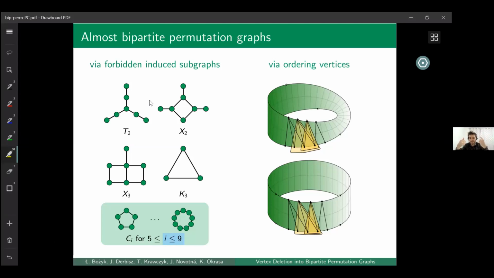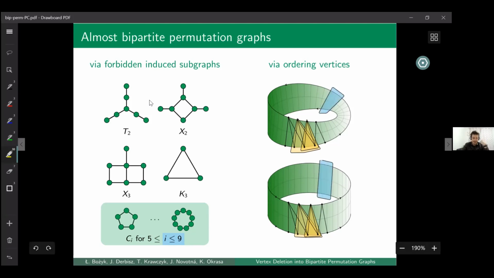So it's a graph embeddable in a Möbius strip when you have this cyclic order going along the boundary. So in other words, our almost bipartite permutation graphs turn out to be bipartite permutation graphs after you cut this strip somewhere and you unfold it to get a rectangle.